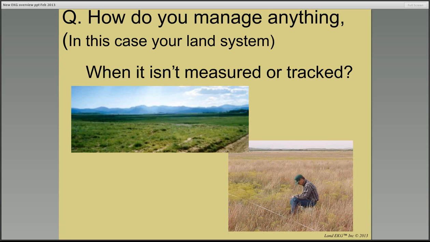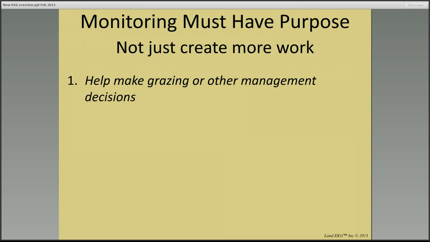The question always comes down to how you manage a landscape when you don't measure it or track it in some form or fashion. So that's what we have started moving towards. Being able to track and monitor must have a valuable benefit, and that purpose must drive it.